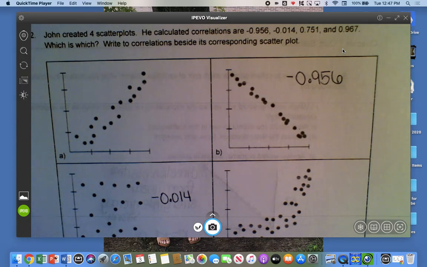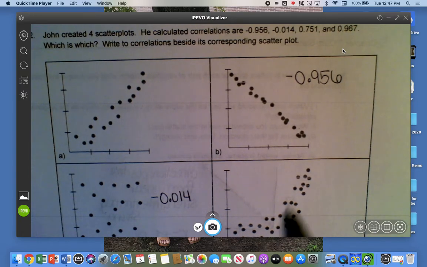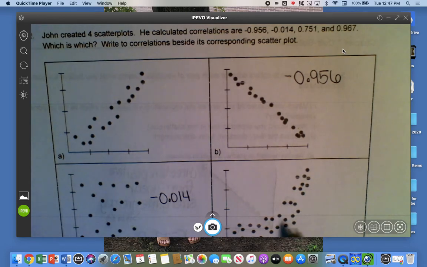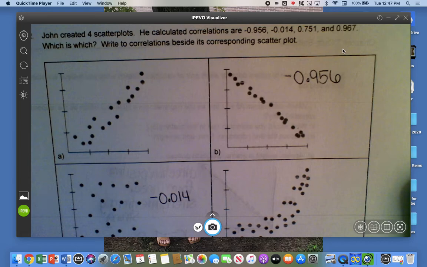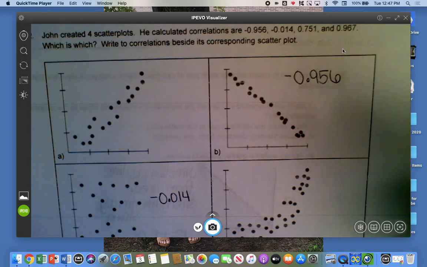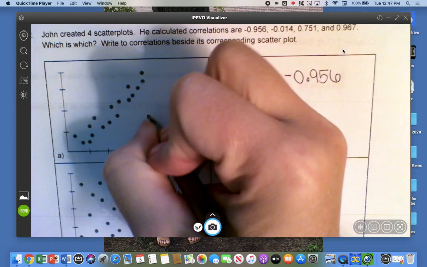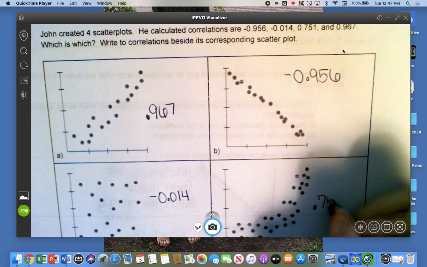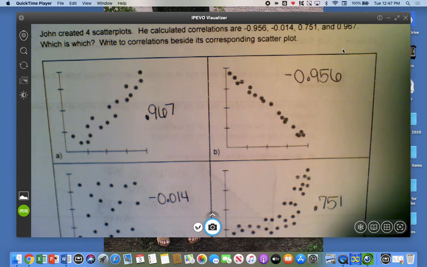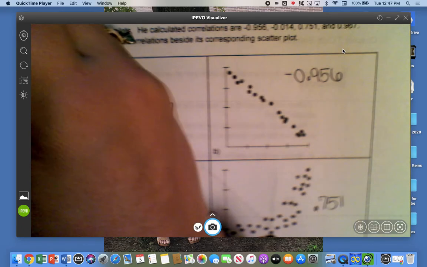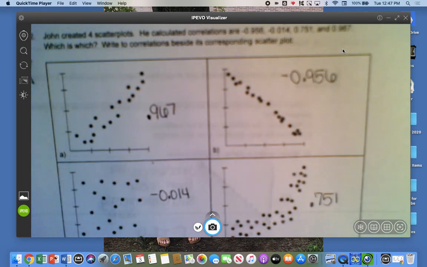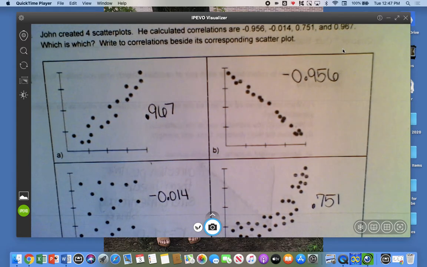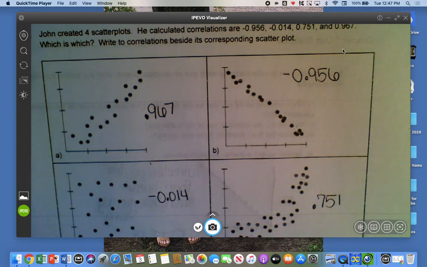Even though the points in D are very close together, the fact that A is straighter and has no curve to it really makes this one stronger. So this would be the 0.967 and this would be the 0.751. 100% guarantee that you're going to have a matching correlation coefficient graph on your quiz.